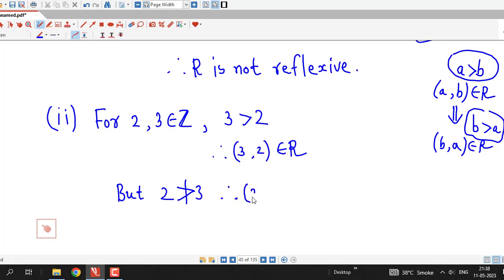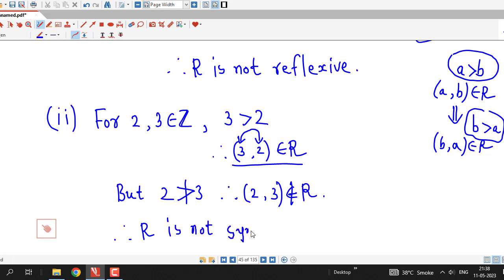This implies (2, 3) is not present in R. So we have obtained two integers 2 and 3 such that (3, 2) belongs to R, but if we reverse the order of components, then the resulting element is not in R. Therefore R is not symmetric.